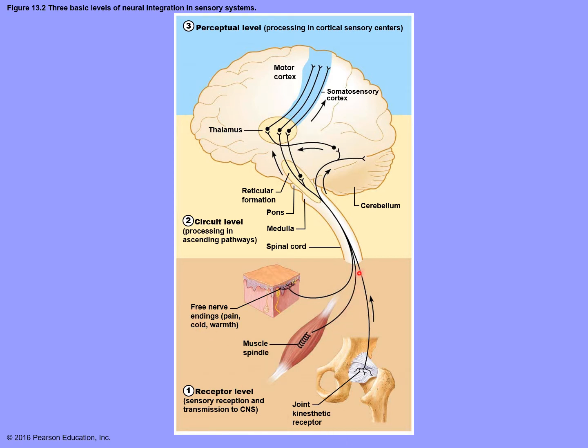Here you are ascending, going up the spinal cord and moving up towards the brain. And then up here in the cortex sensory area is where you're going to start having that integration and interpreting, okay, what's going on and what do I need to do about this?